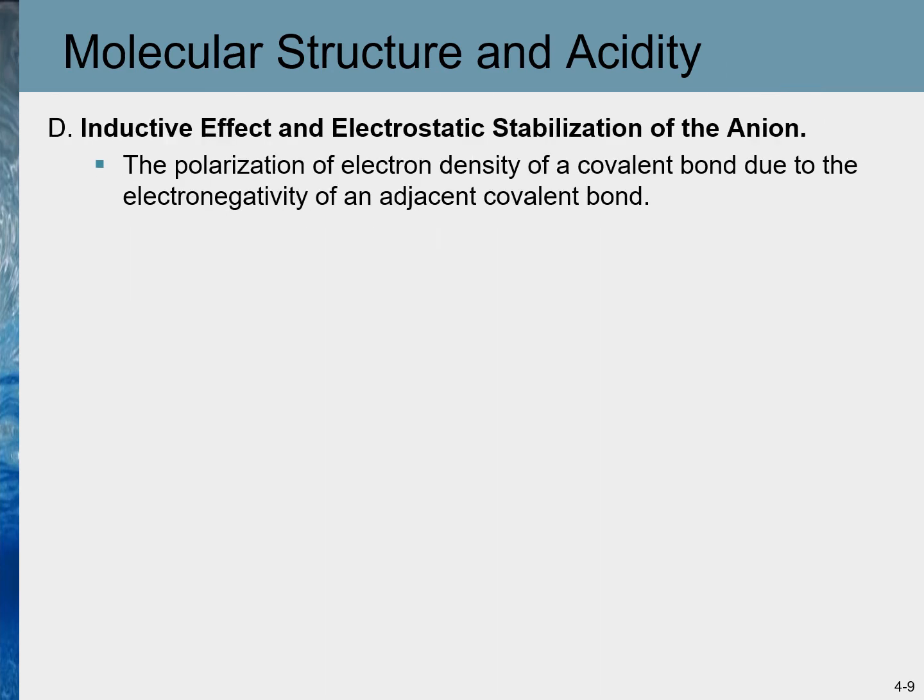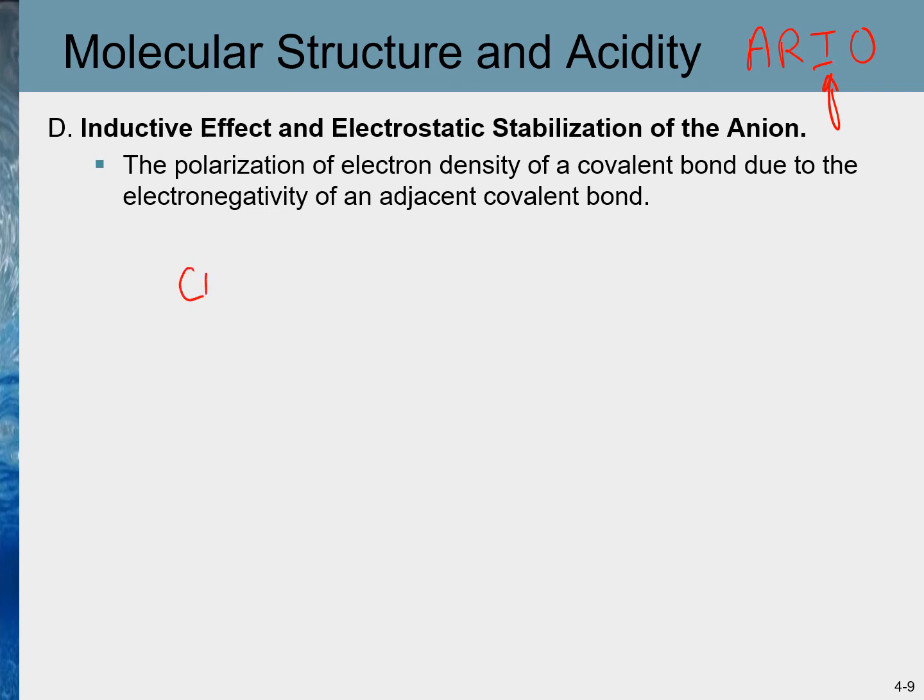The third factor which affects the stability of the conjugate base anion is the inductive effect. Inductive effect is seen in those organic molecules in which a strongly electronegative element is present adjacent to the proton donation site. For example, let's take a look at two acids.